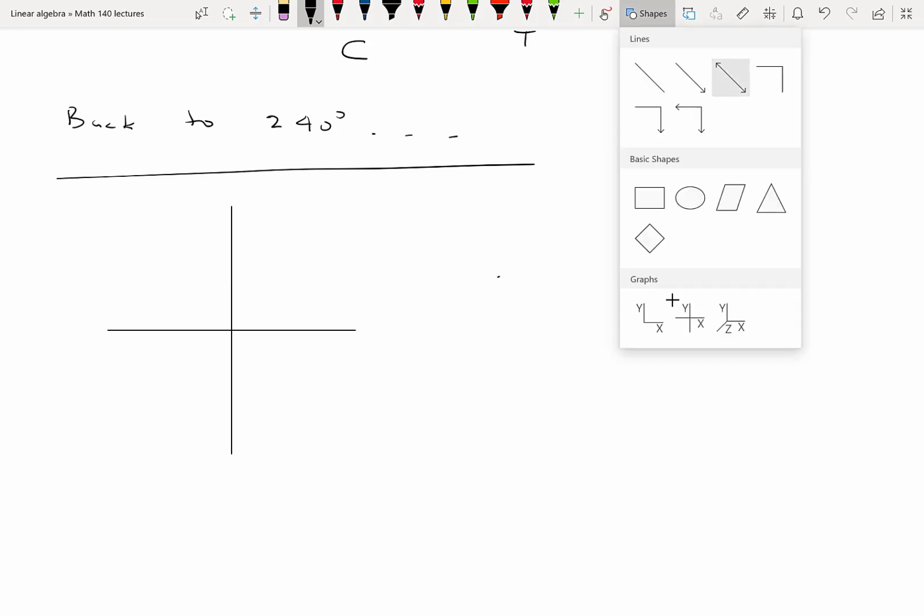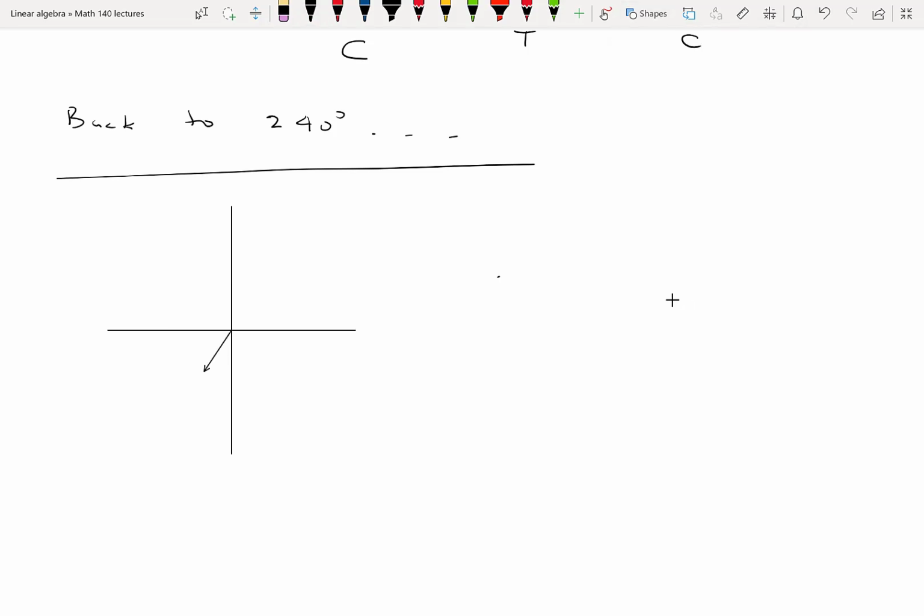So the angle 240 degrees is right about there. It's 180 plus 60. Again, this is how we would have done this at the very beginning. That little extra 60, that's the reference angle.